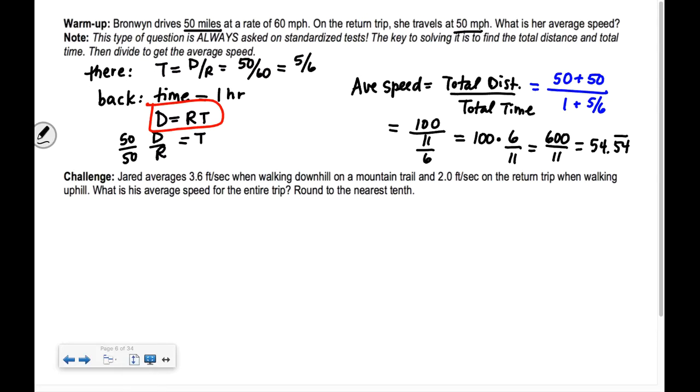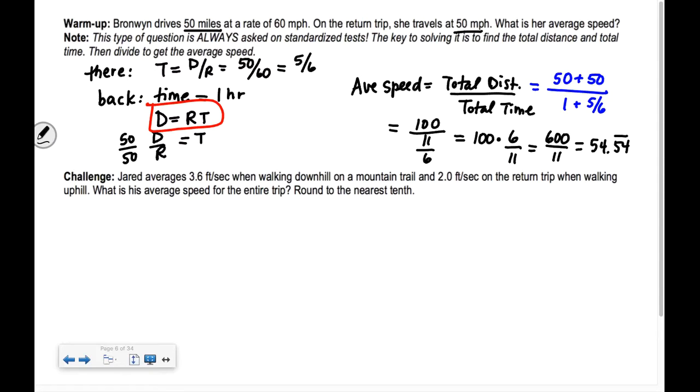So tell me, why do you think that she's going slightly less than what you would expect? Her speed was slightly smaller than what we thought it was going to be. When she was driving, how long was she driving the 50 miles per hour?